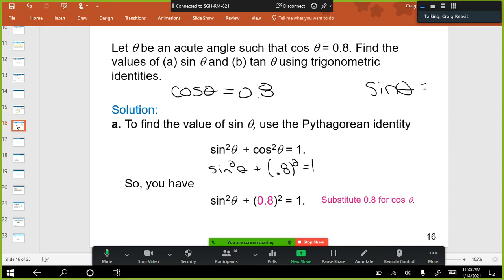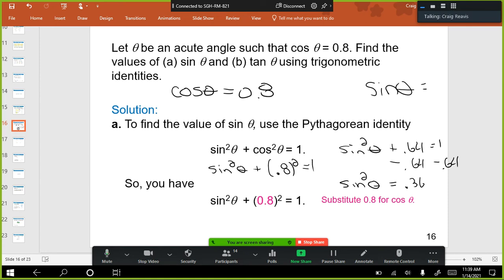So what we have is sine, and we're going to treat this just like it were an x. So we've got sine squared of theta plus 0.64 equals 1. I'm going to subtract 0.64, and I'll get sine squared of theta equals 1 minus 0.64, which is 0.36.